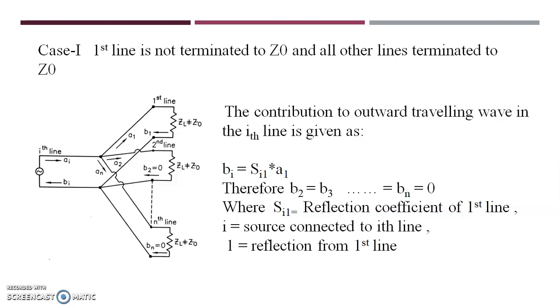So in Si1, the subscript i shows that the source is connected to the ith line, and the 1 shows that it is a reflection from the first line. Accordingly you can understand. So therefore B2, B3 up to Bn is equal to 0.